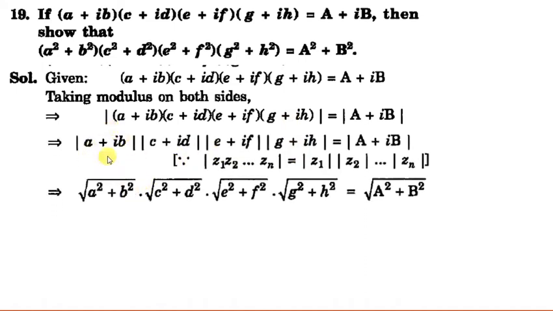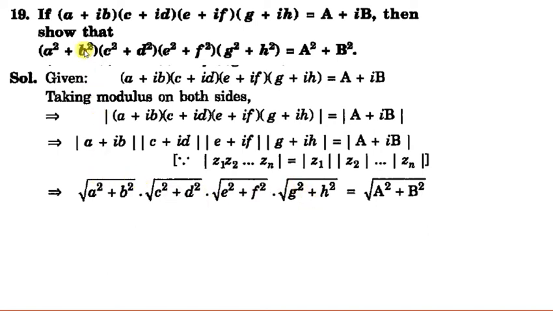So we can write it as modulus a plus ib, modulus c plus id, modulus e plus if, and like this equal to modulus a plus ib. And modulus a plus ib is under root of a square plus b square. Similarly, modulus c plus id is under root c square plus d square, and likewise the other two.